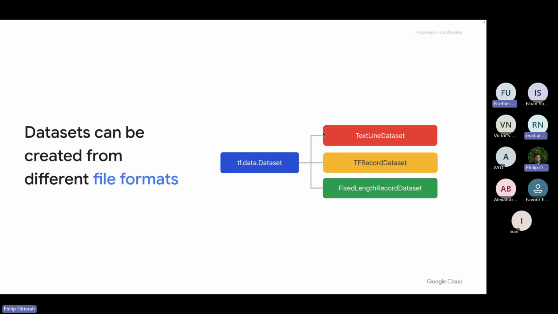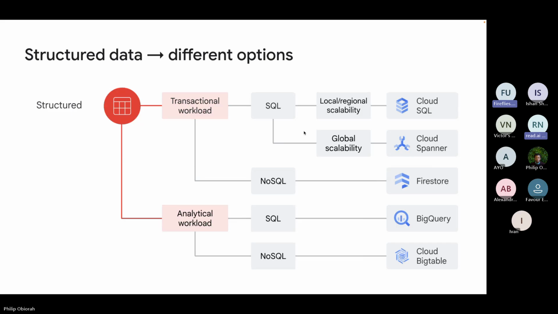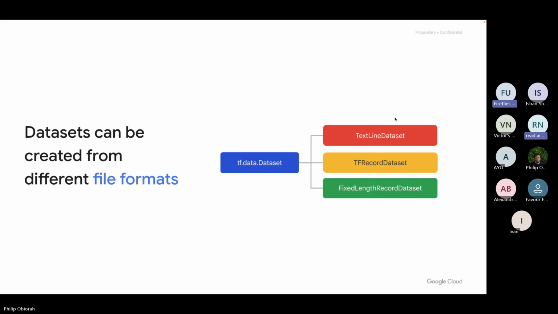So let's say we are performing sentiment analysis on product reviews, and our raw data is very large. Maybe it's a TXT file or CSV file, where each row is a review, and then we have the label, the sentiment, whether it's positive, negative, or neutral.